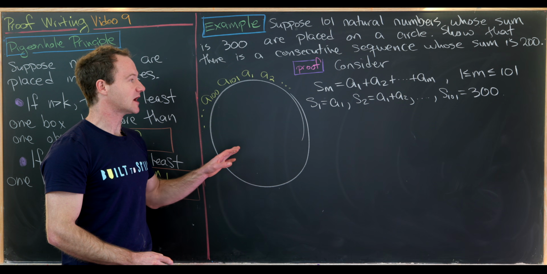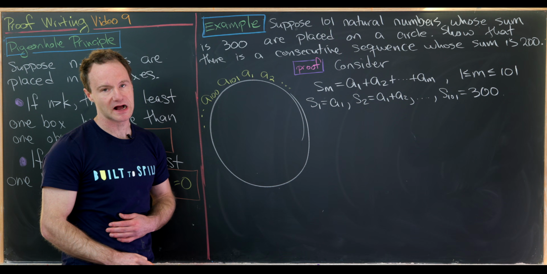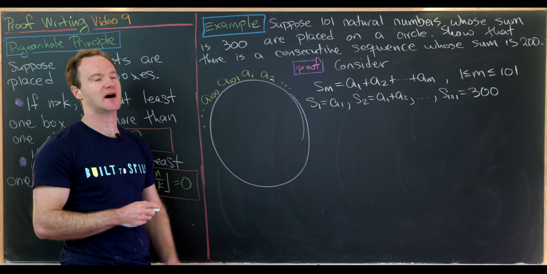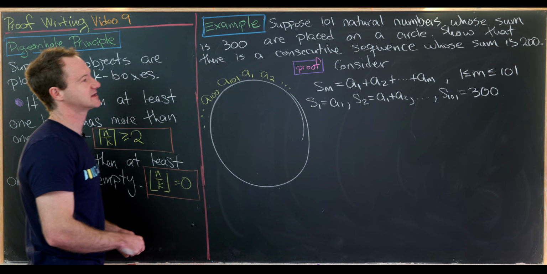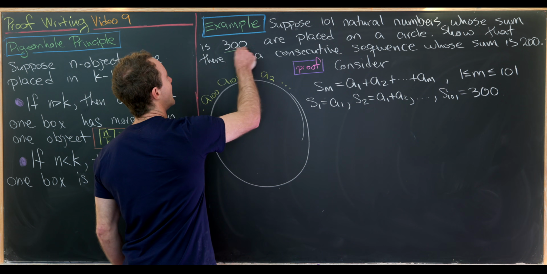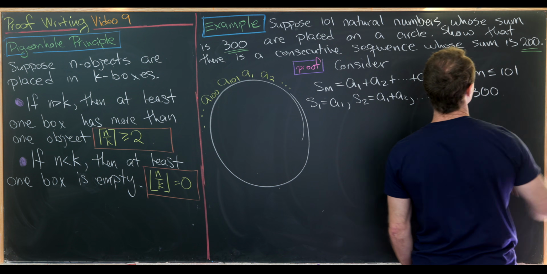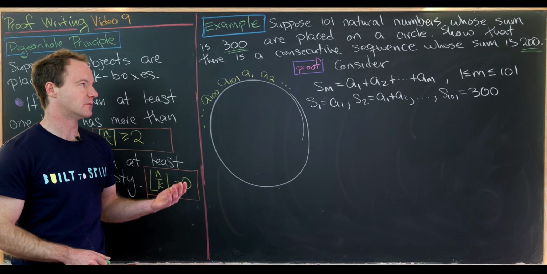So now let's take these 101 numbers and put them in 100 boxes. We just have to figure out which boxes to put them in or how to define those boxes. But the definition of those boxes is hinted towards by the fact that we have a 300 here and a 200 here. And what's common about 300 and 200? Well, they're both multiples of 100.